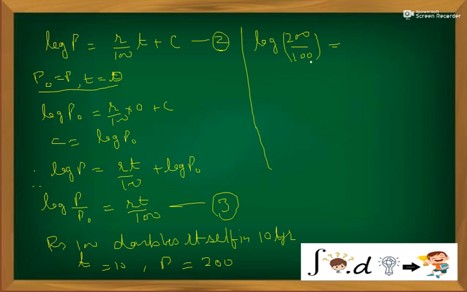Log 200 by 100 is equal to R into 10 by 100, since we substitute T as 10. Therefore R by 10 is equal to log 2, it means R is equal to 10 log 2 base e, and the value of log 2 is 0.6931, that is given here, and therefore it becomes 6.931.